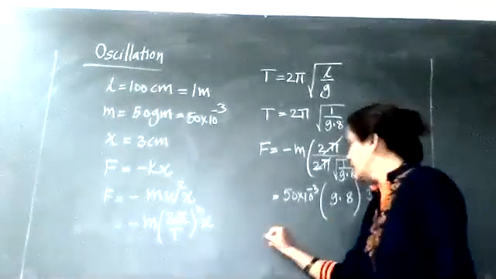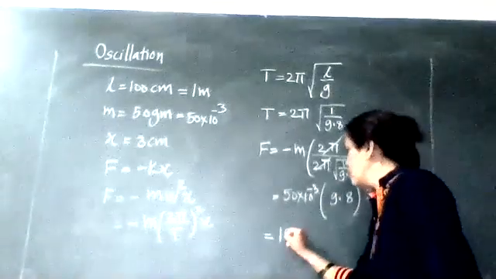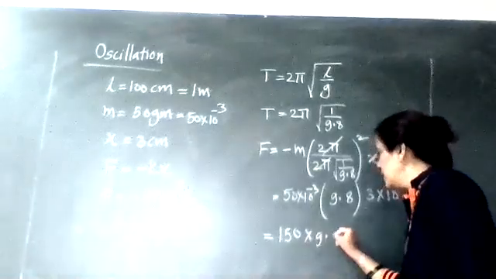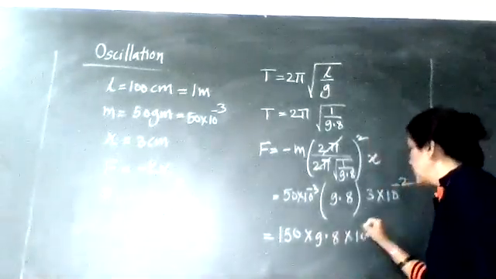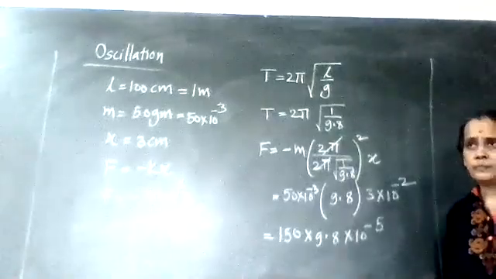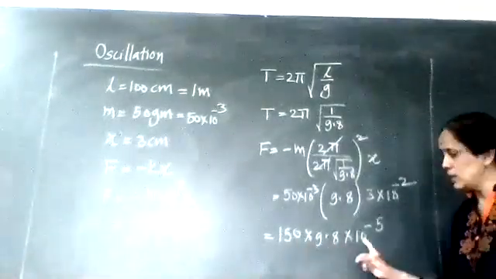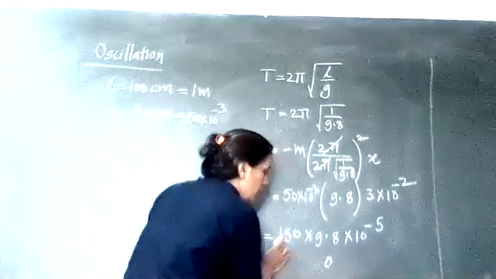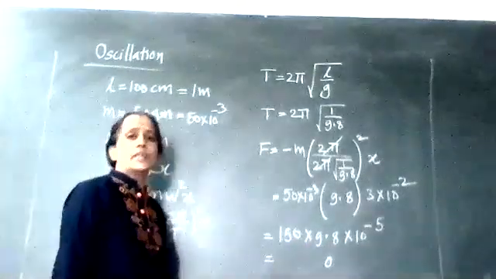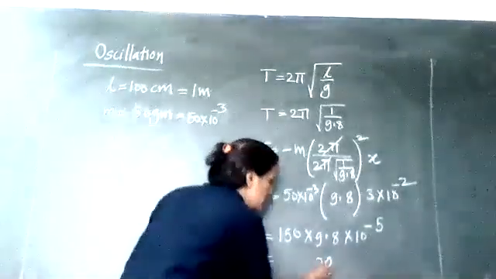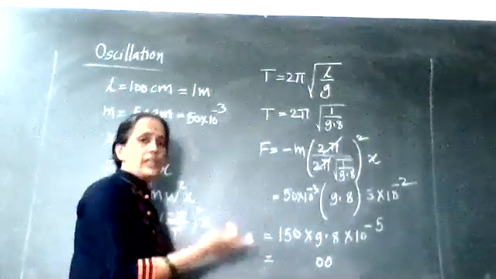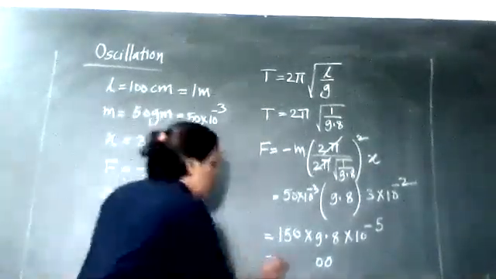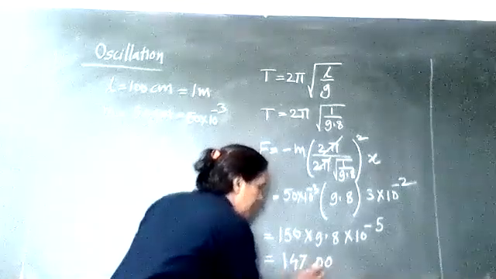And now I can do the multiplication. 50 into 3, which is equal to 150, multiplied by 9.8, multiplied by 10 raised to minus 5. And now you can do the multiplication. So 150 into 9.8: 15 into 8, which is equal to 120. Again we have a carry. 15 into 9, 135. 135 plus 12, which is equal to 147. Right?